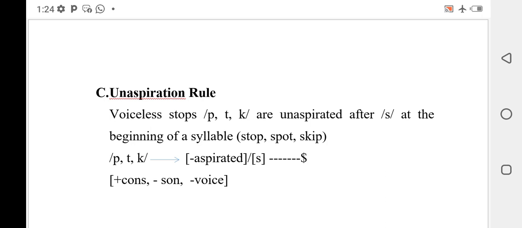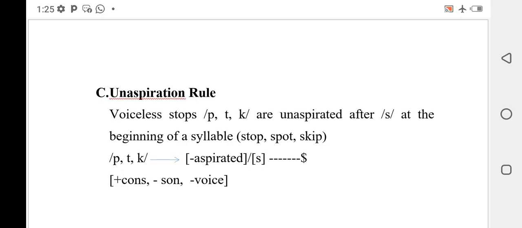Now we have the unaspiration rule. In the unaspiration rule, the voiceless stops are unaspirated after S. You see, after the letter S sound, so that means when there is S followed by a voiceless stop, that voiceless stop becomes unaspirated. When they come after S at the beginning of a syllable.